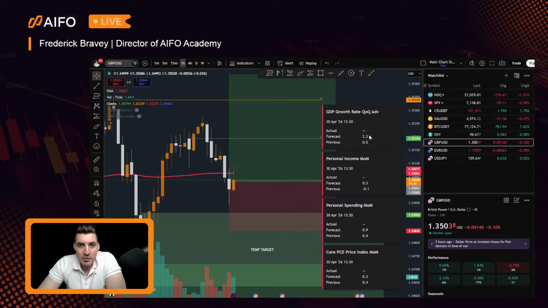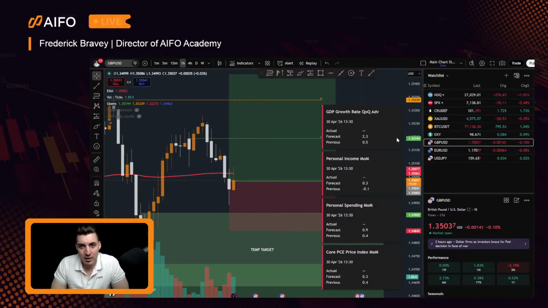What else is coming out this week? GDP growth rate quarter over quarter for the US, forecasted to be much higher. So we're seeing quite a lot of macroeconomics suggesting that the DXY is going to retrace back into the upside.